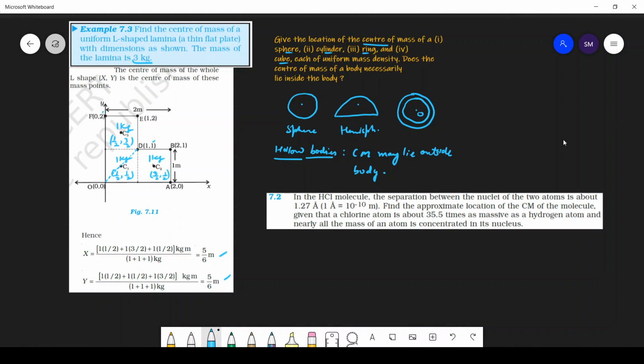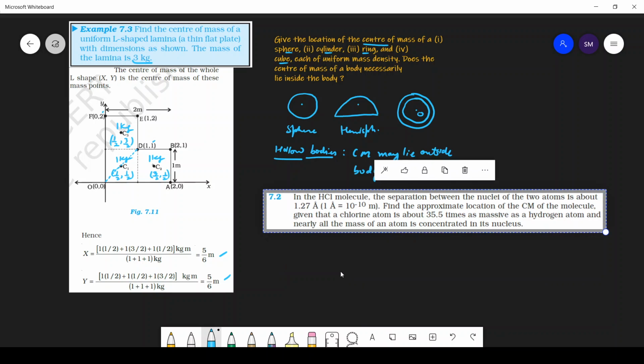So this is a very simple question, like we did in example 7.2. In the HCl molecule, the separation between the nuclei of the two atoms is this much. So this is the x-axis, and only two particles are there.